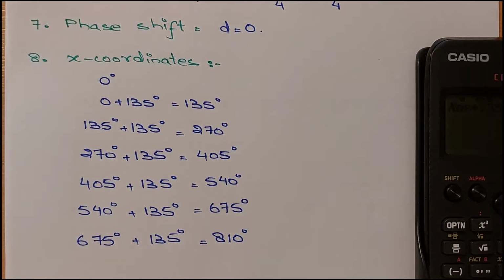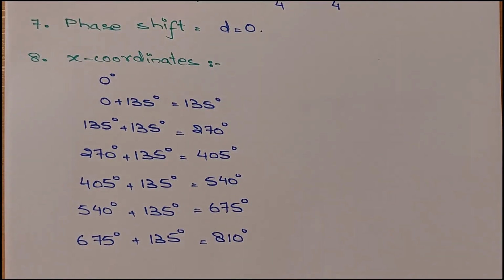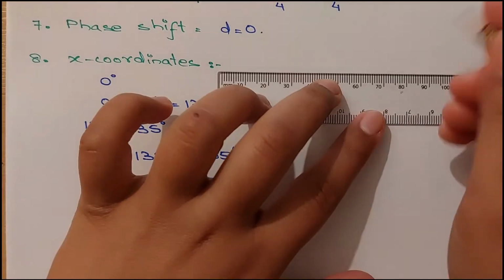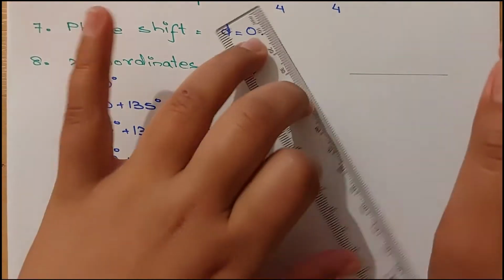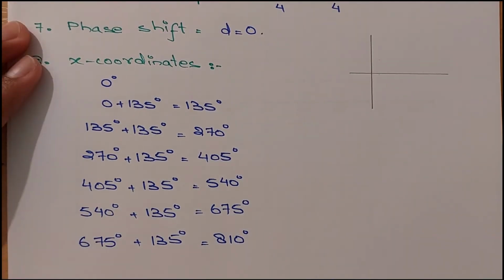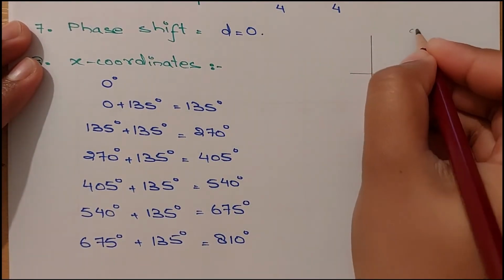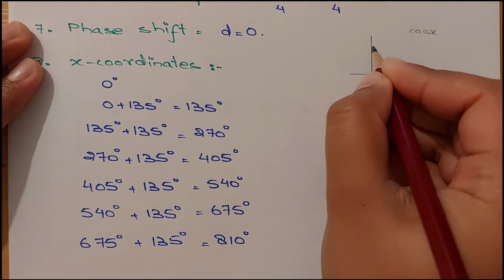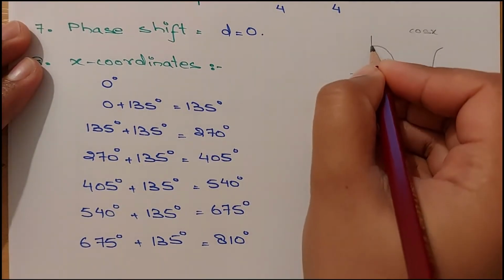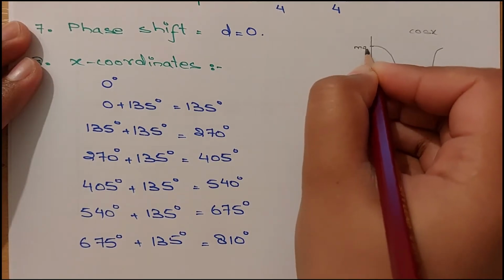Now what are the y coordinates? Let me explain how to get the y coordinates. If I draw the curve here, this is a cosine curve, and we know that the curve of cos x always starts with the maximum point. This is the curve for cos x, right? This point is the maximum.